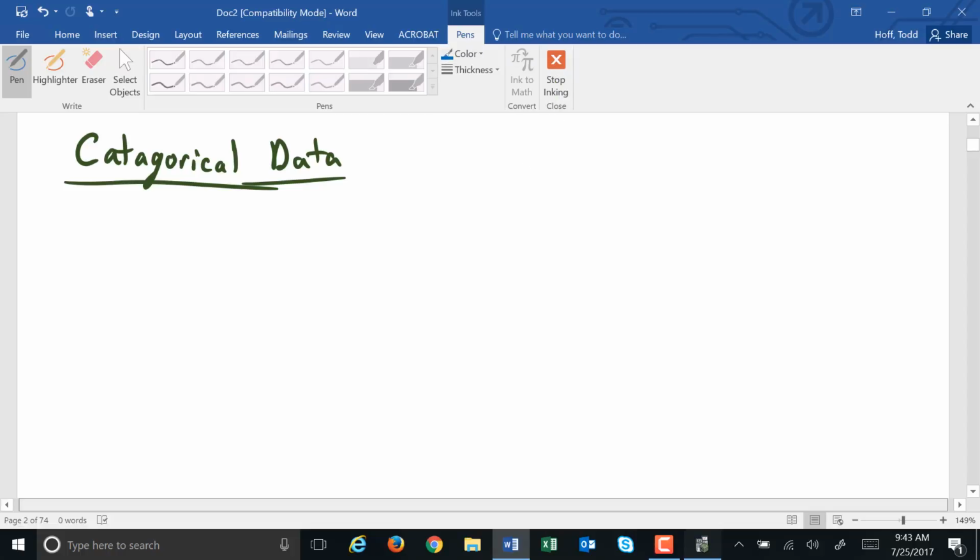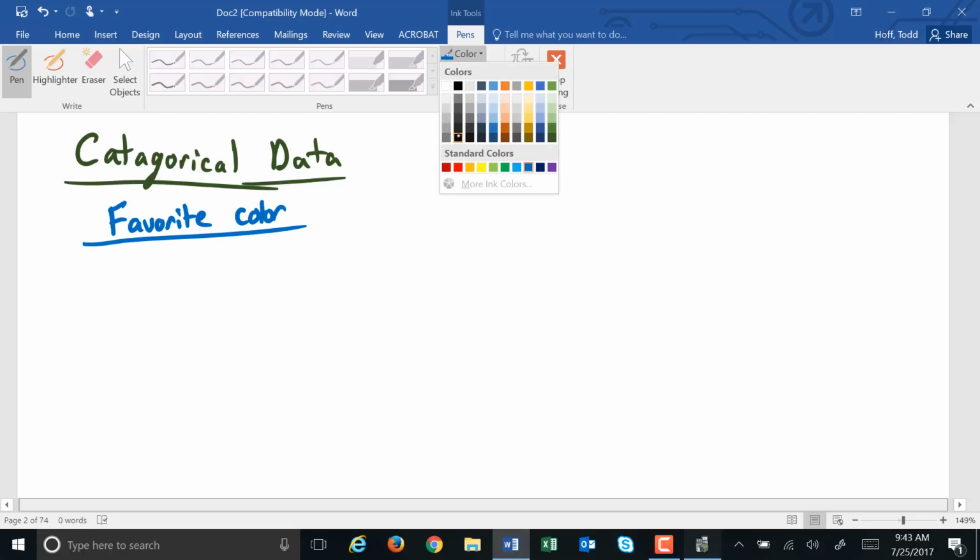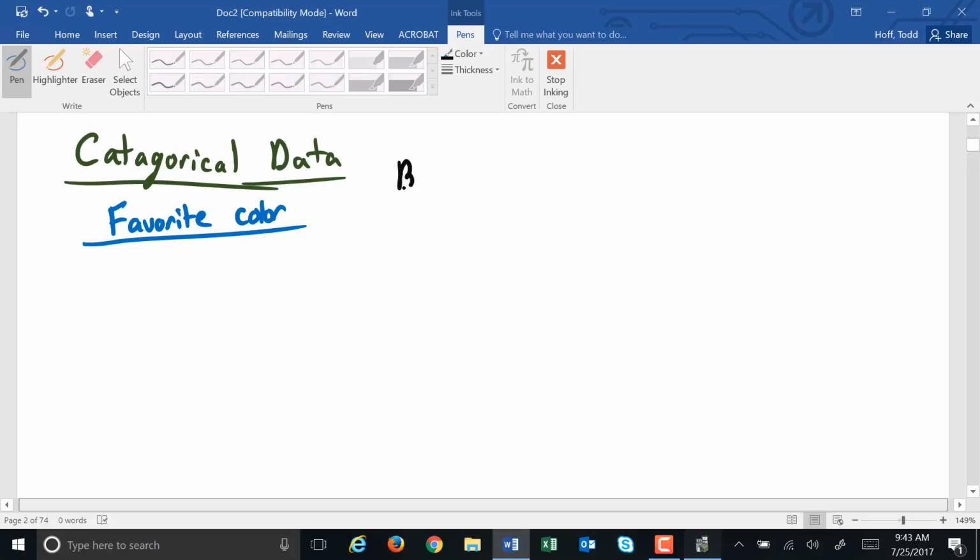So let's look at a simple one like favorite color. And let's say I'm going to answer that question of what is your favorite color. I'm going to give you 3 choices: blue, red, or green. And I'm going to make everybody choose from those 3 choices. So since we've got a small class here, I'm just going to make up numbers from a larger group.